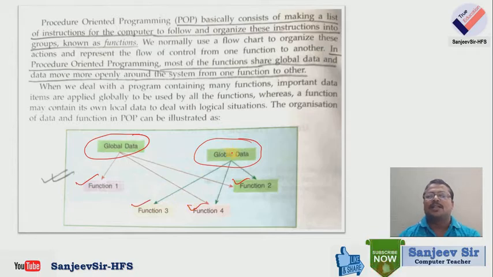That means data is not secure. Suppose a value is here as global data, x is equal to 5. Here in a function, function 1 changes x to 10, and function 4 also changes x to 20.